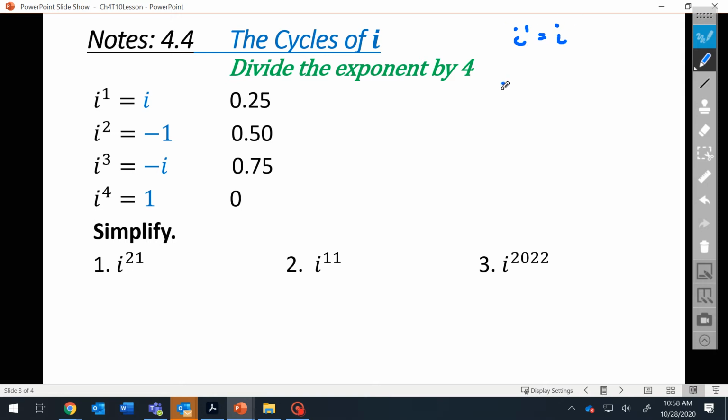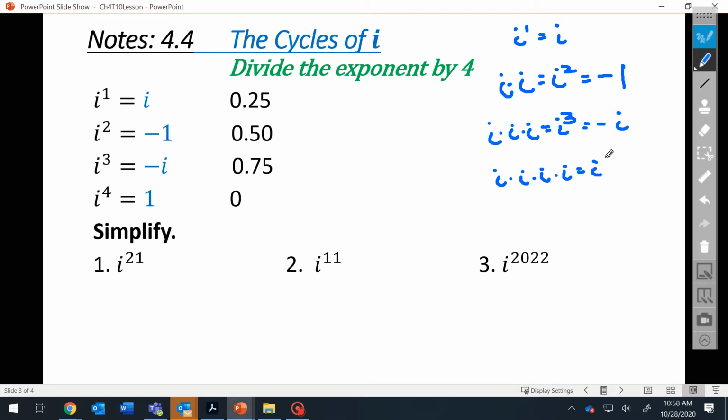Now if you multiply i by itself, i times i, which is i squared, that becomes negative 1. If you multiply it by itself again, i cubed simplifies to negative i. And if you multiply it by itself 4 times, which is i to the 4th, that becomes 1. And then it starts over again.